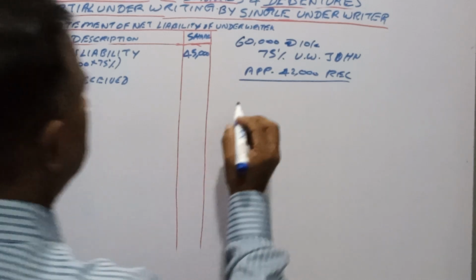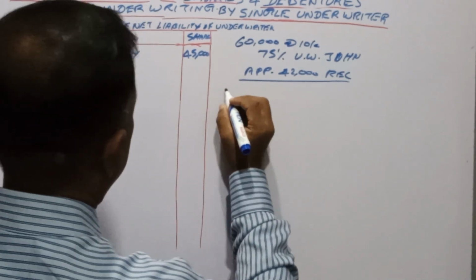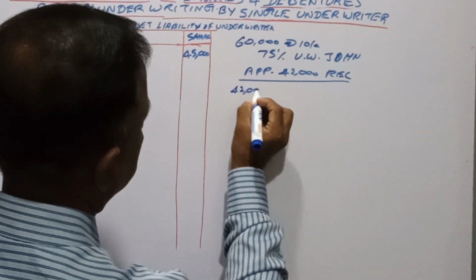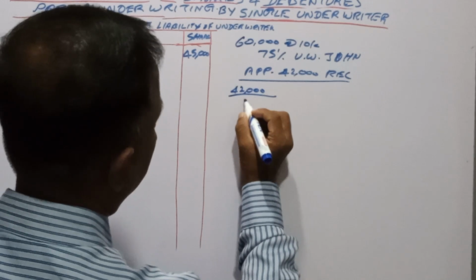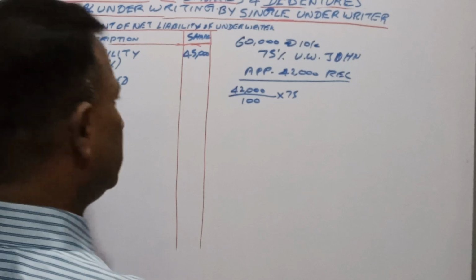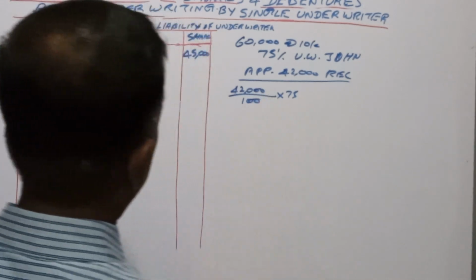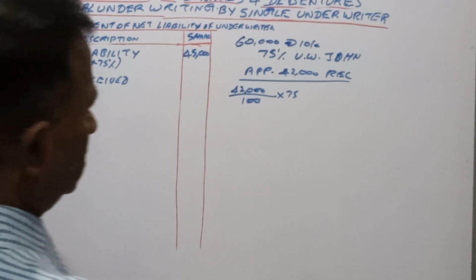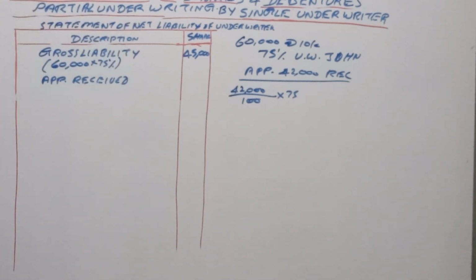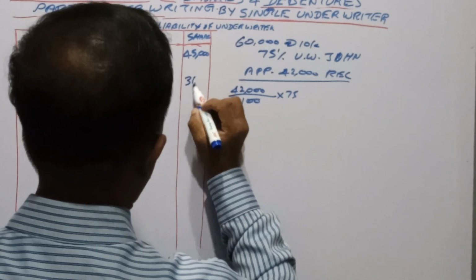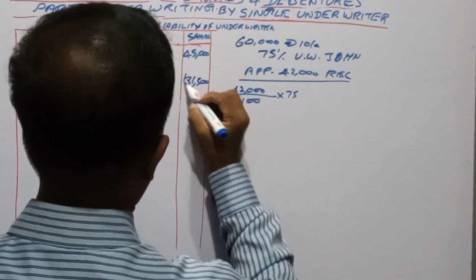We have to multiply 60,000, 42,000 divided by 100 into 75%. That is 31,500, because out of the 42,000 shares we have received, we have to take 75%, and then we get 31,500.